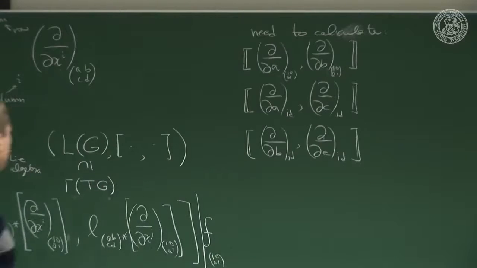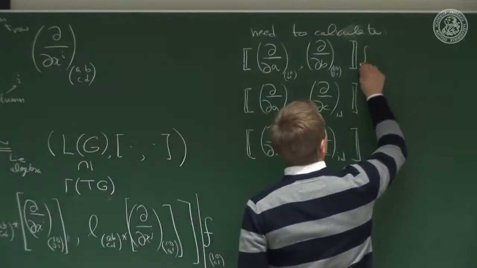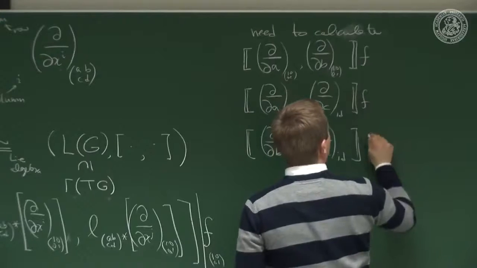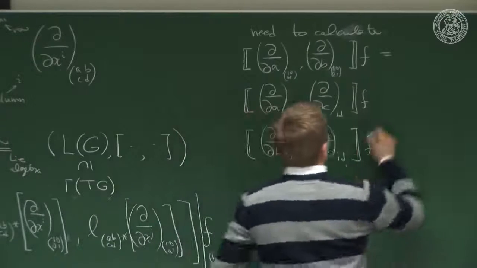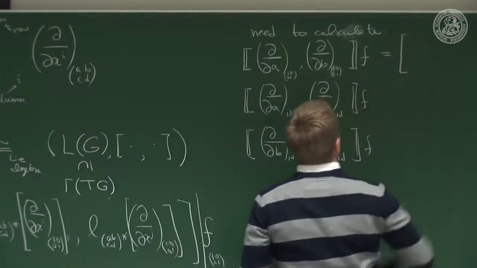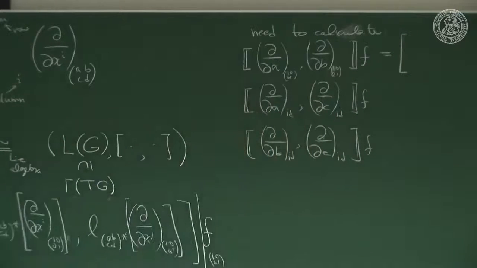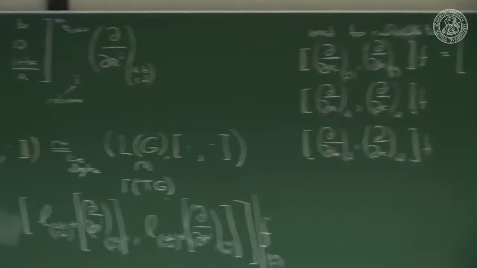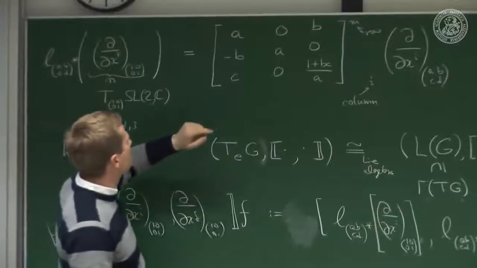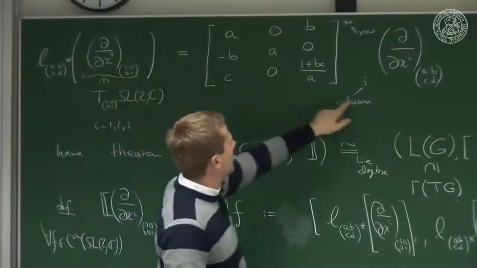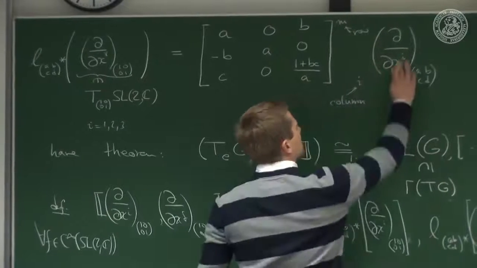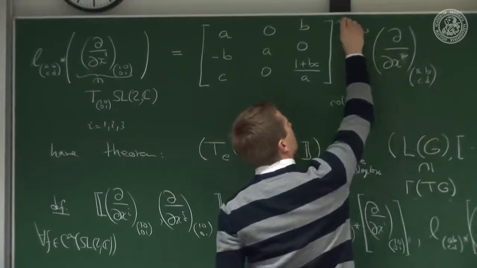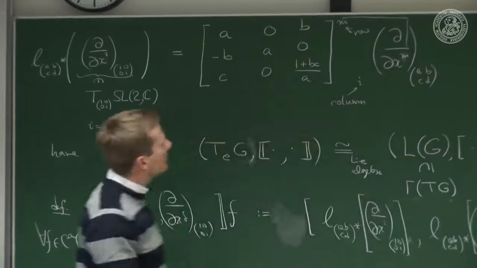Okay, so how do we evaluate this bracket? Well, by action on function and by using this definition, but now we can plug in what we learned up there. So we take the differential geometric Lie bracket and we have to look at what is the push forward of the first tangent vector with respect to these coordinates. So that's i is 1. But that's the column, so the row here, oh, there's a mistake, so this is an m here, of course, so there's a summation convention going down here.